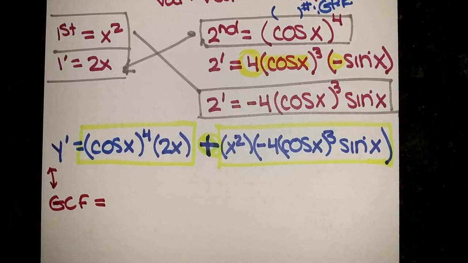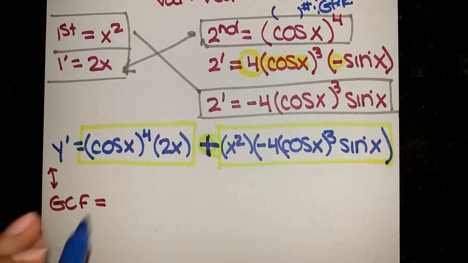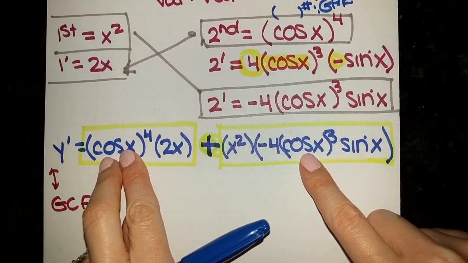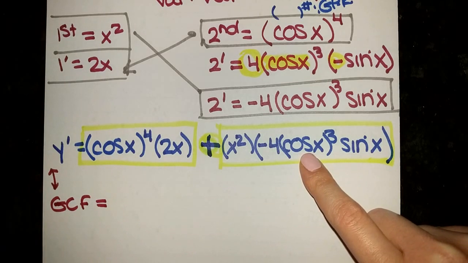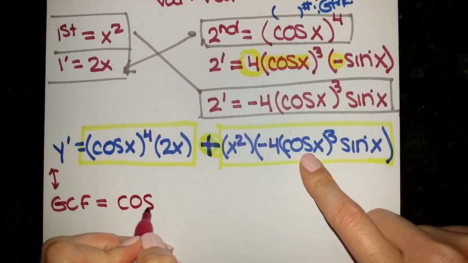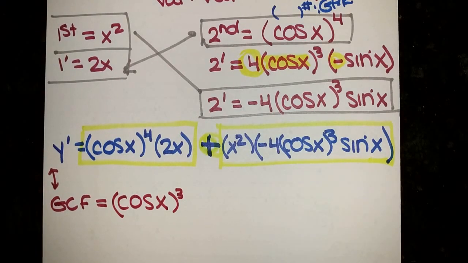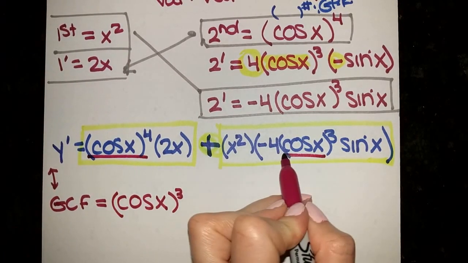You see here that cosine x to the fourth is in this box, but we have a cosine x to the third in the second box. So our GCF is not going to be cosine x to the fourth, it's going to be cosine x to the third, the smaller exponent.